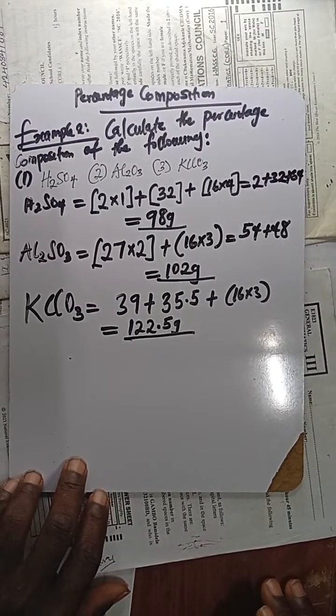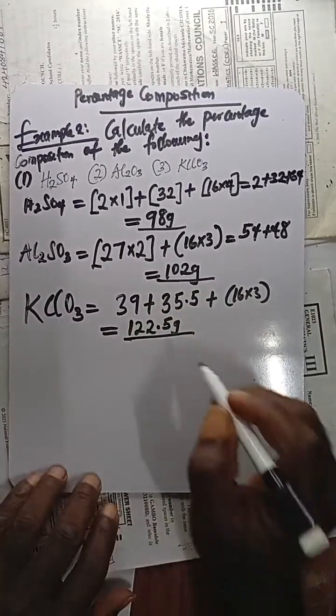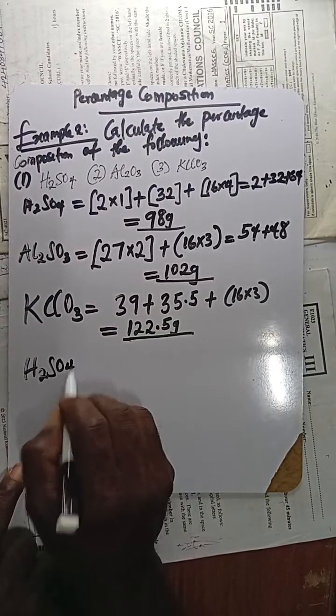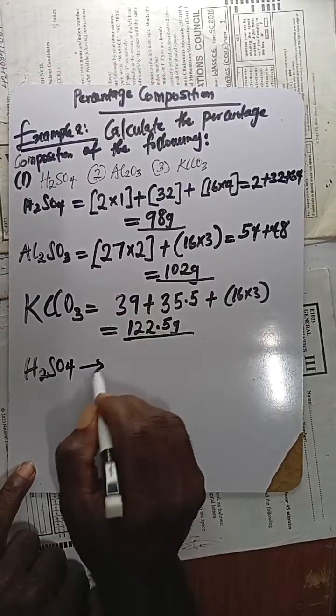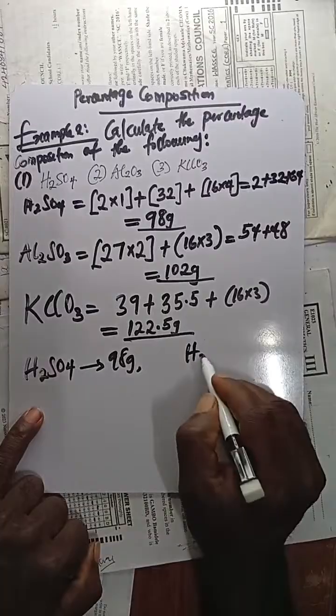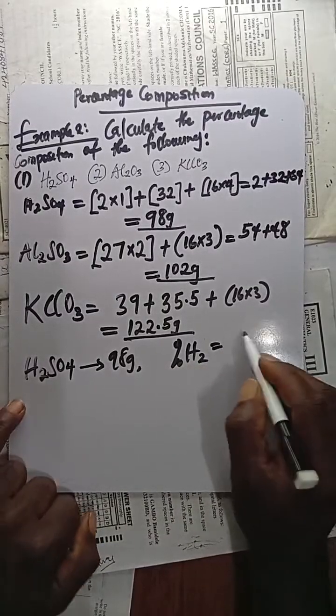Now, in calculating percentage composition for the H2SO4, it gives us 98 gram. So in calculating for the H2, it will be 2 times 1.